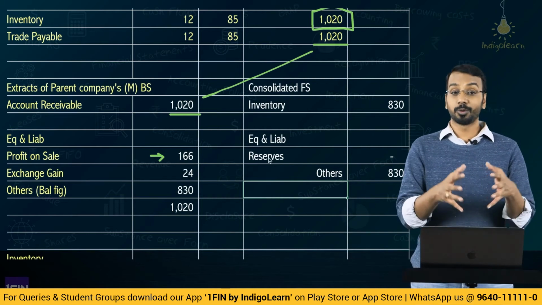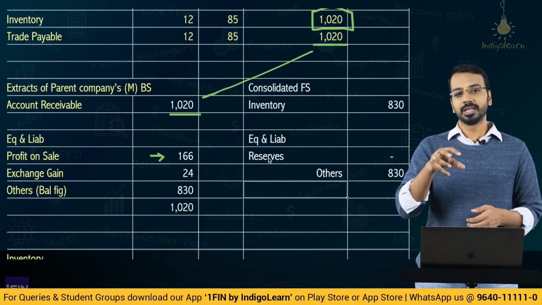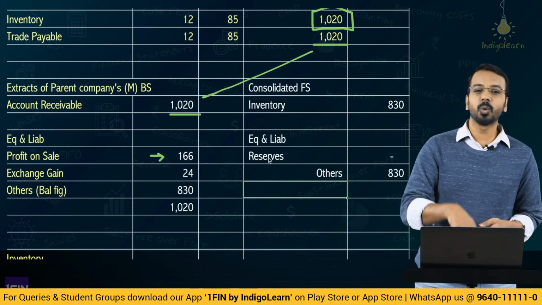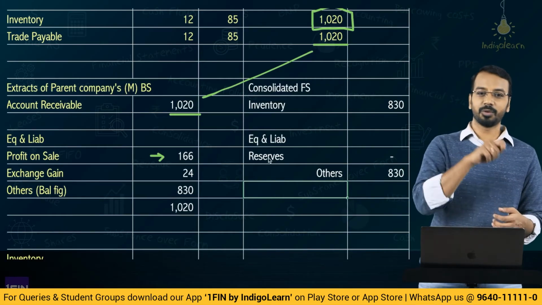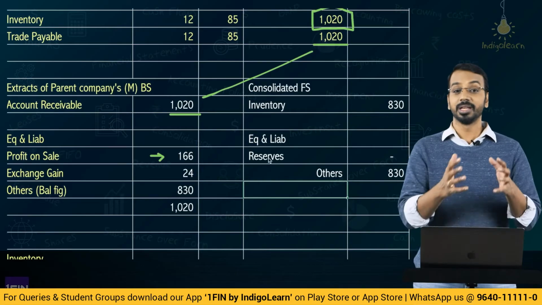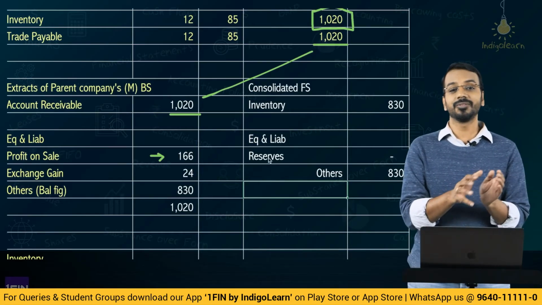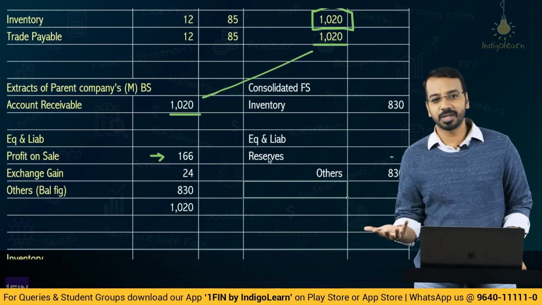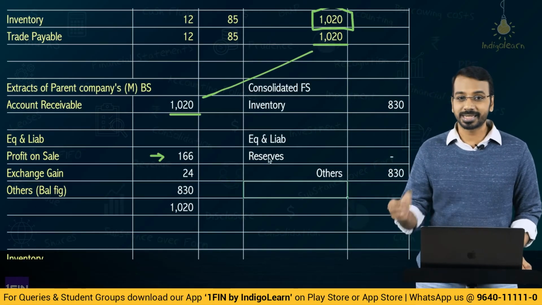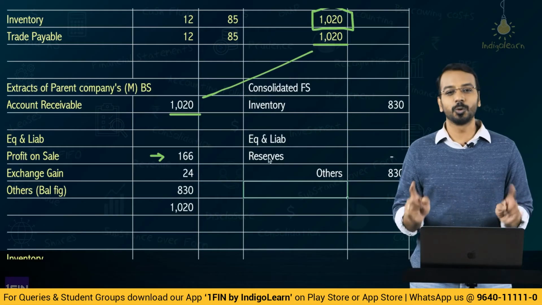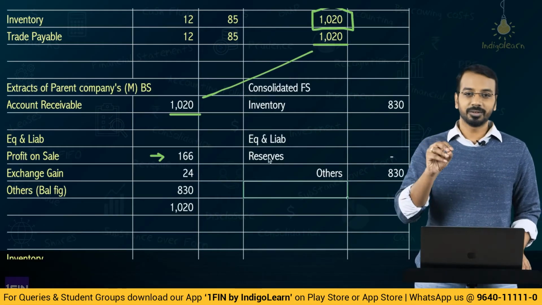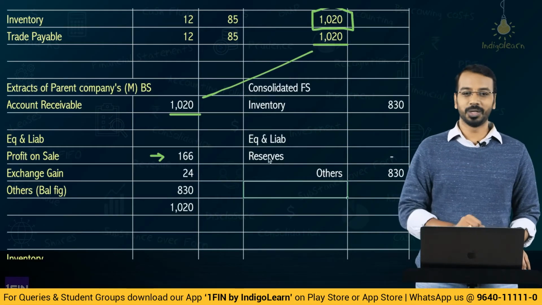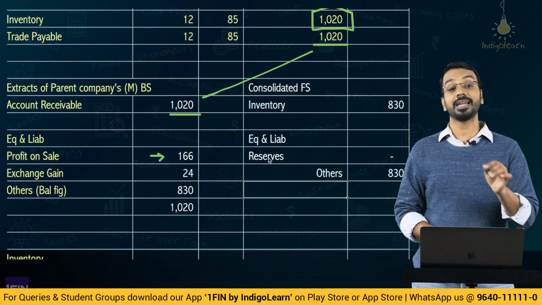Now, what I am trying to bring about with this illustration is that the inventory did not go out of the group. It is like taking from one pocket and keeping in another pocket. The holding company sent inventory costing 830 to the subsidiary company, and the subsidiary company still has it with itself, which means at the group level, the inventory has a value of 830 only, and that is why we will record the inventory at 830.